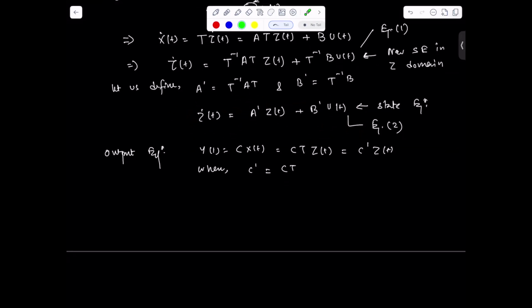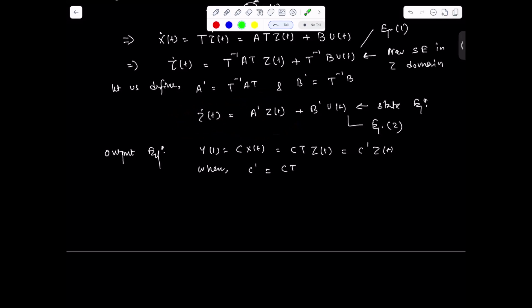Now how it is coming, we'll explain. So this is the diagonal system. By looking at the diagonal elements of A dash, we can comment how this Z parameter or state is going to behave over time. We can easily comment.